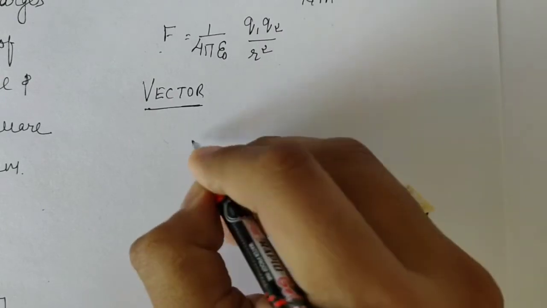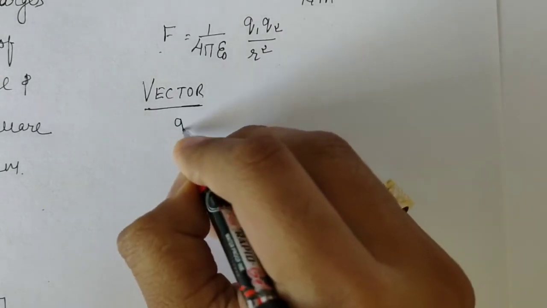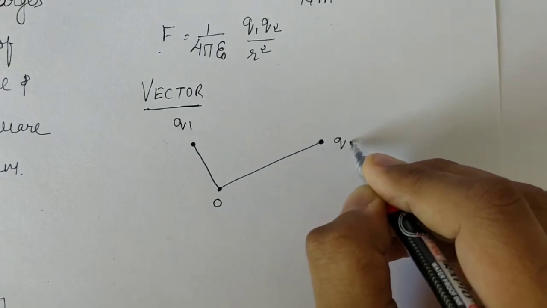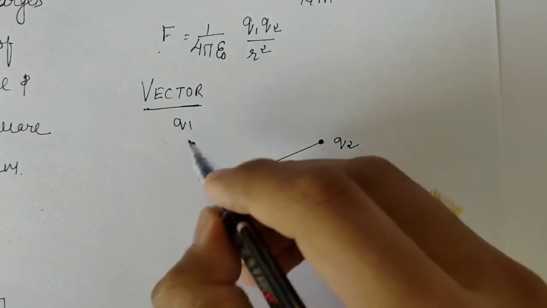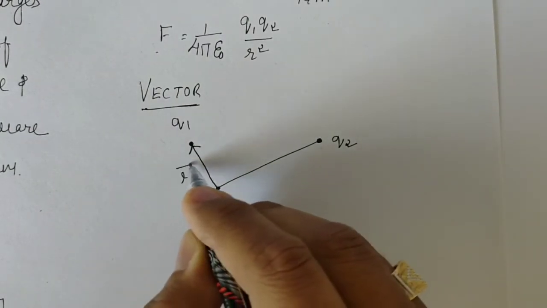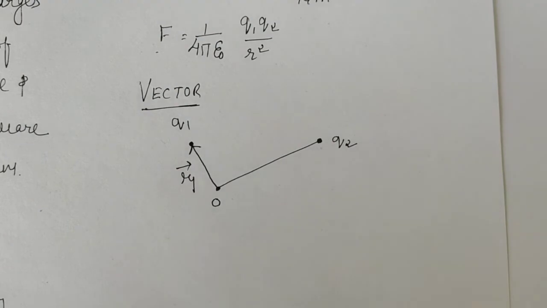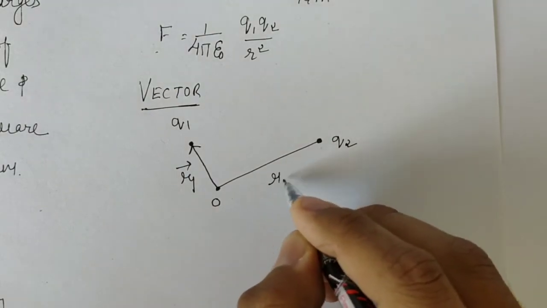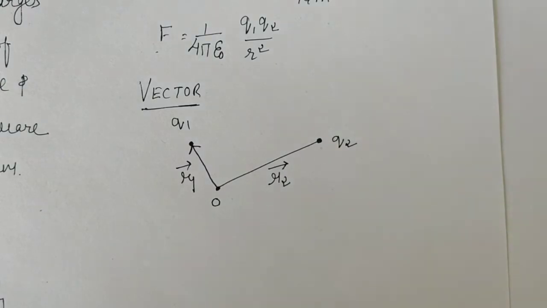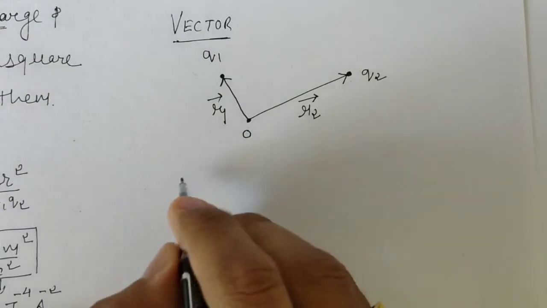Take two charges, Q1 and Q2. Position vector of Q1 is R1 and position vector of Q2 is R2.